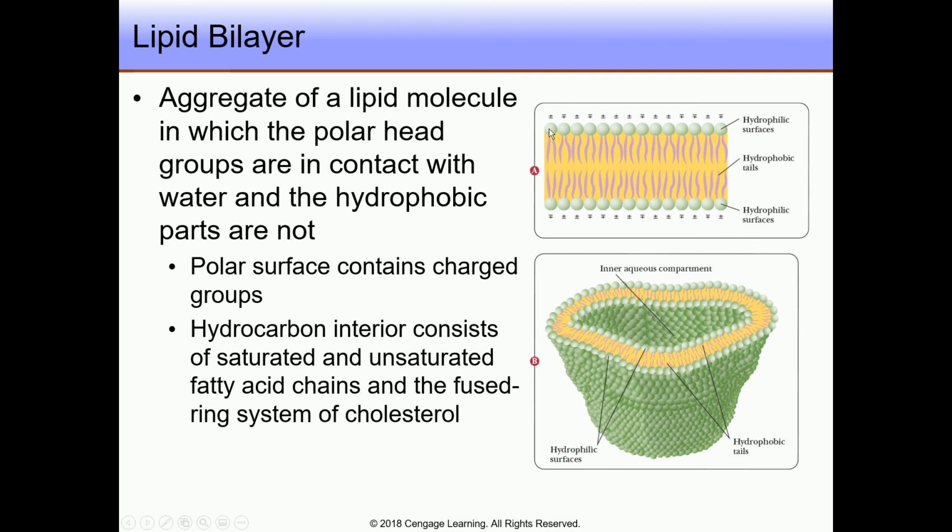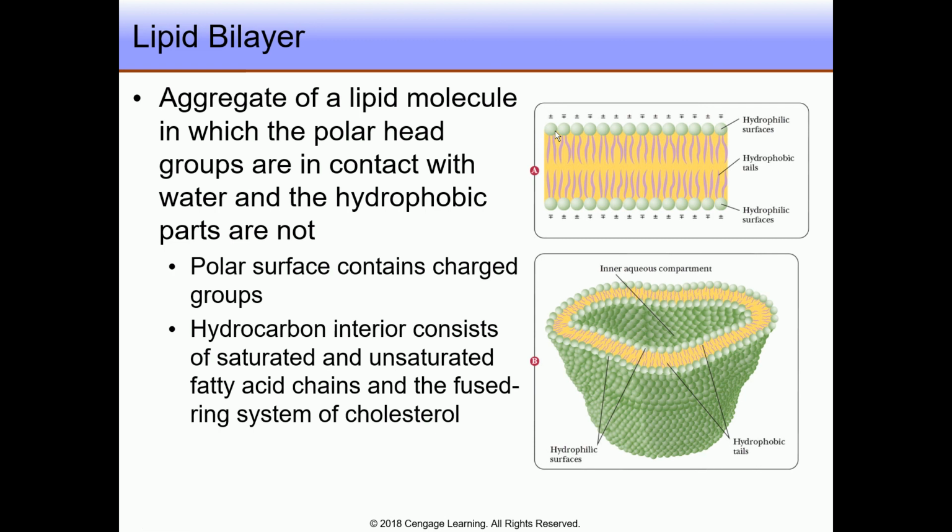In this situation, these phospholipids align themselves in the form of a bilayer. They align in a way that the non-polar tails face each other, and the polar heads are on the outside. When the tails face each other, they can prevent the exposure to water, and the polar heads, because they are hydrophilic in nature, can face the water.